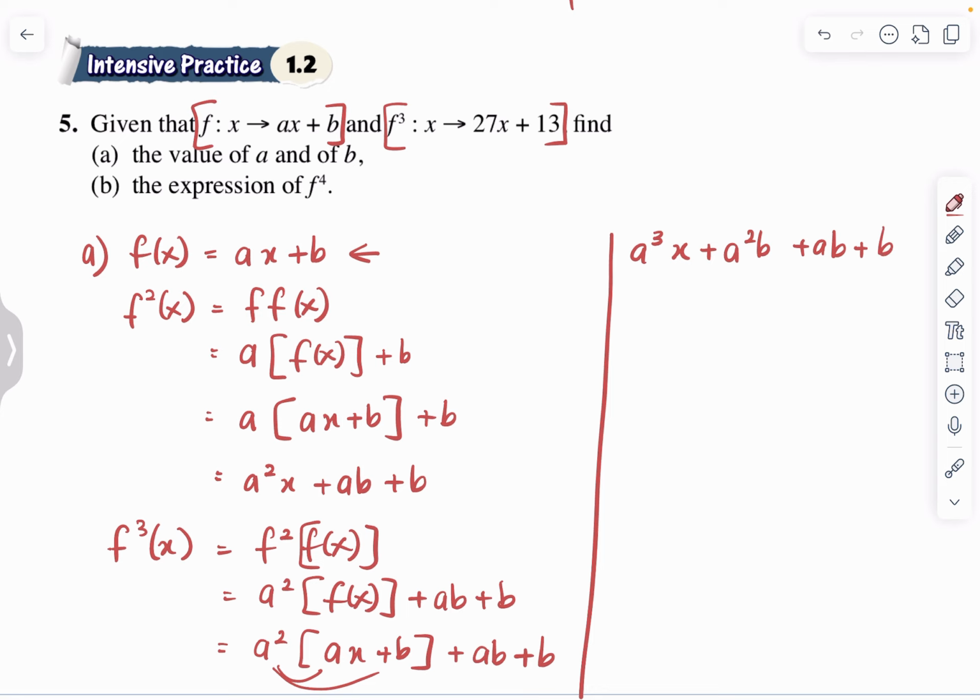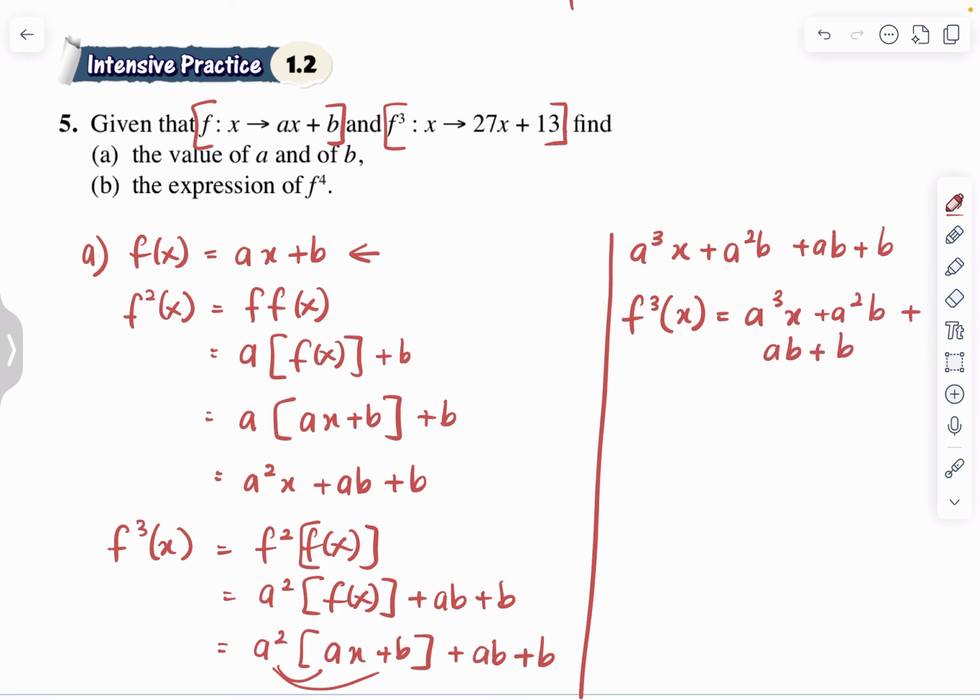So now we know that this is our f cubed of x: a cubed x plus a squared b plus ab plus b.